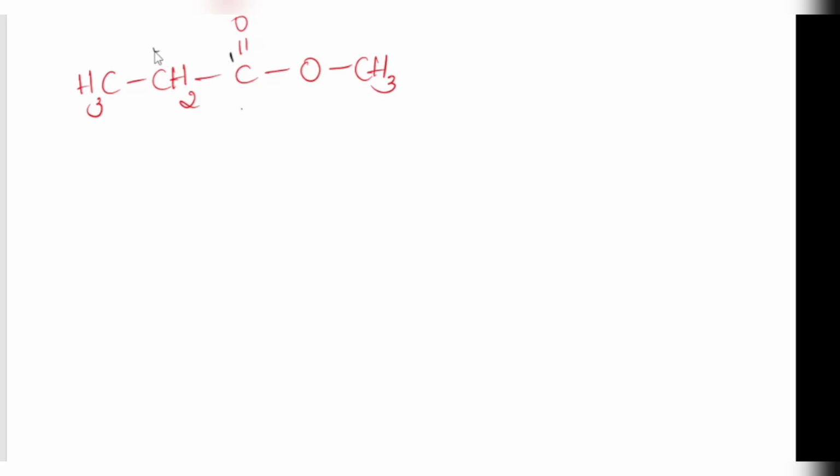I have to give the number, then 2, then 3 is there. Now, what is this group called? Whatever the remaining, that is apart from oxygen, we have to use as a prefix. Then what is this functional group called? That is C double bond O and OCH3. If this particular group is there, we will call it an ester. Esters are derived from carboxylic acids.